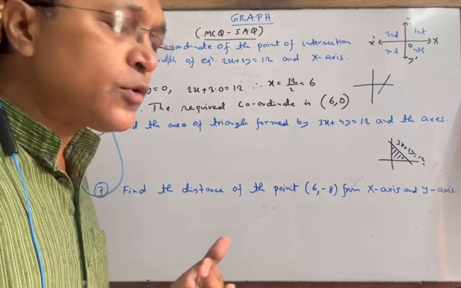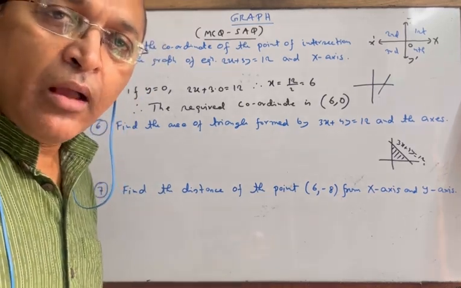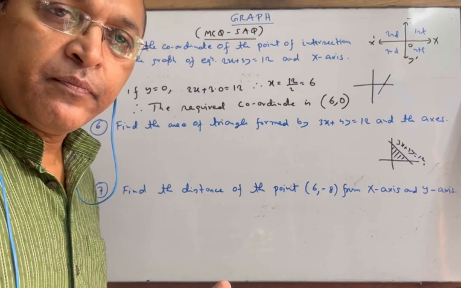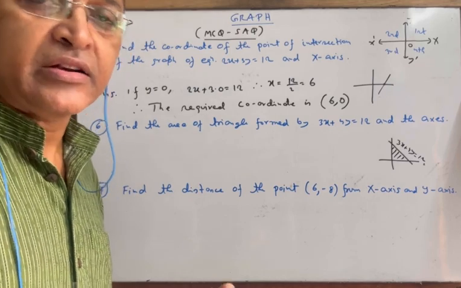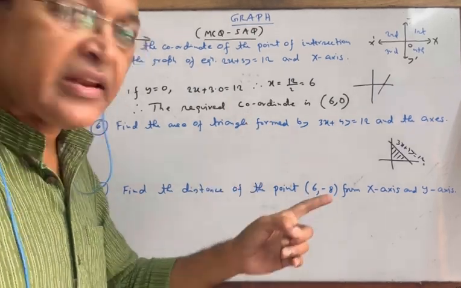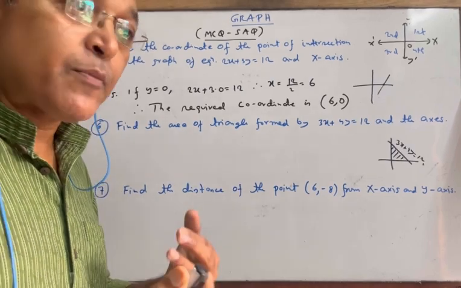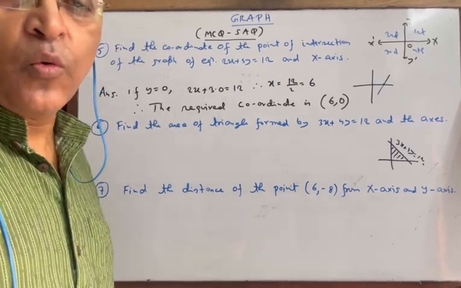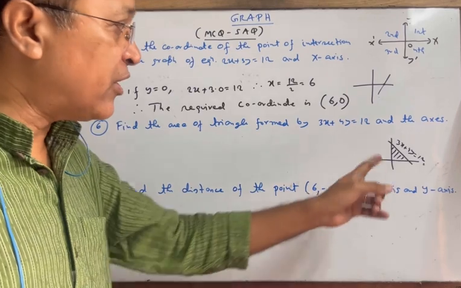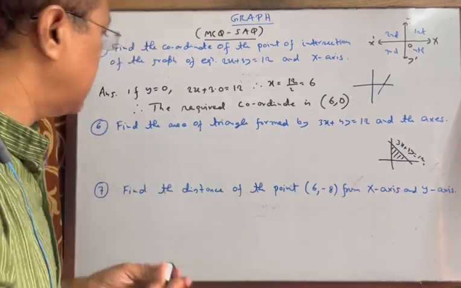Putting x is equal to 0, we can find the coordinate of this particular straight line and the y-axis. And by putting y is equal to 0, we can find the coordinate of this straight line and the x-axis.